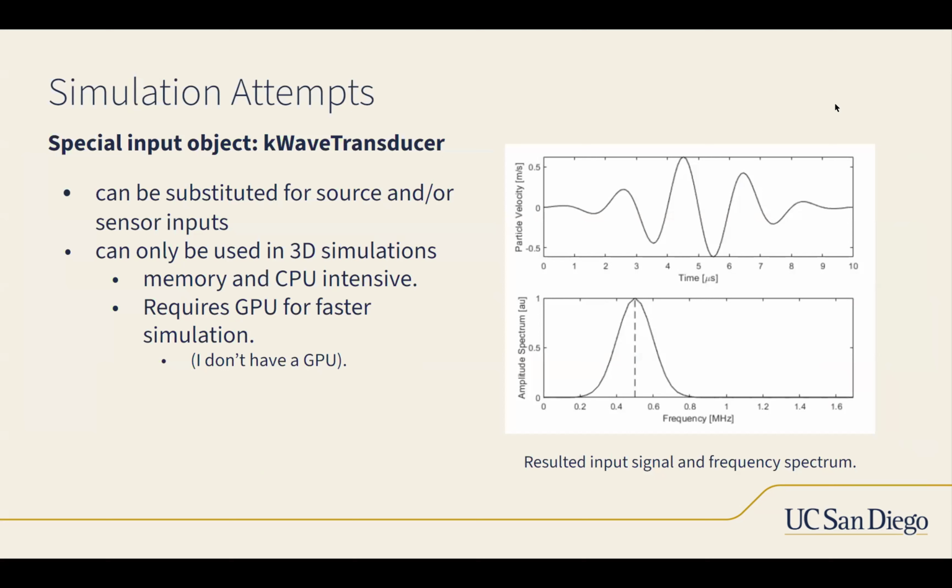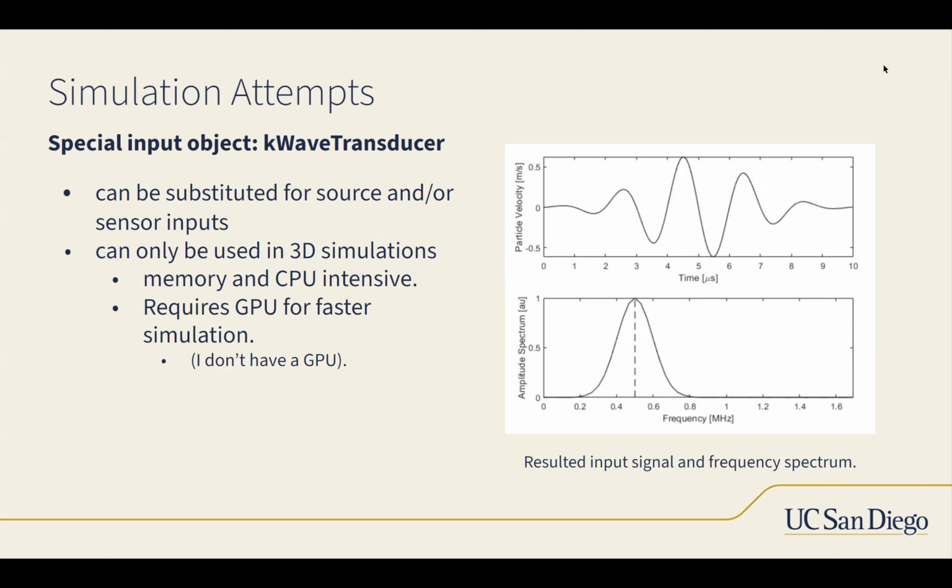And as I was trying to figure out why, I found that they had a special input object in the toolbox called k-Wave transducer that can be substituted for the source and sensor input. So I used it, but previously I was doing two-dimensional, and this object that the toolbox provides can only be used in three-dimensional simulation.